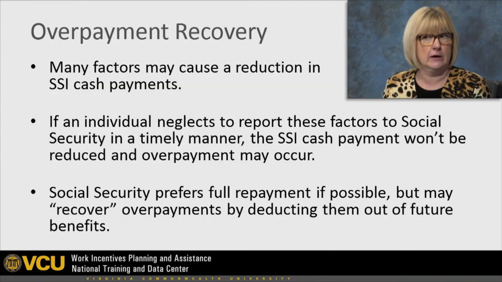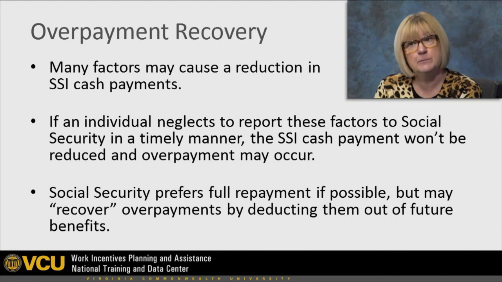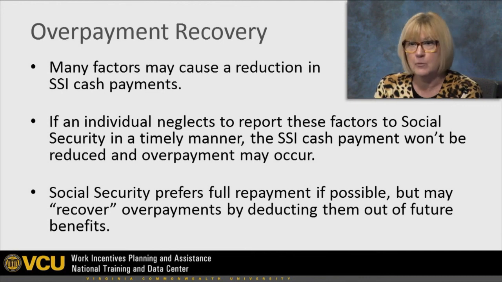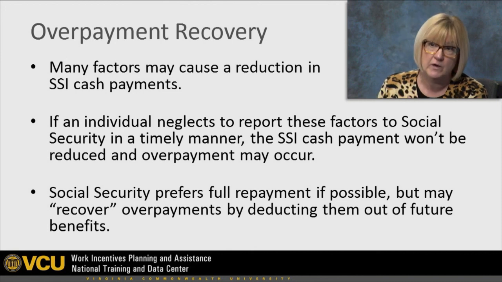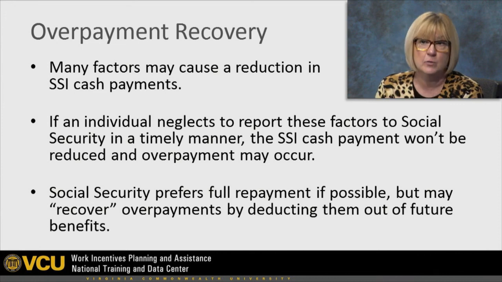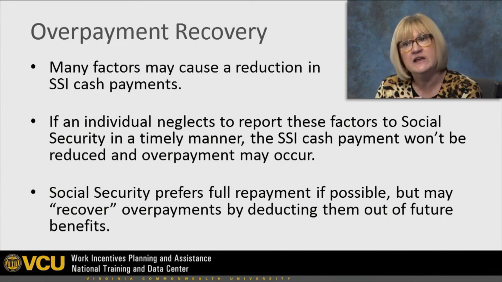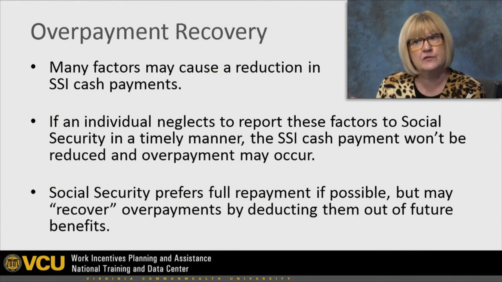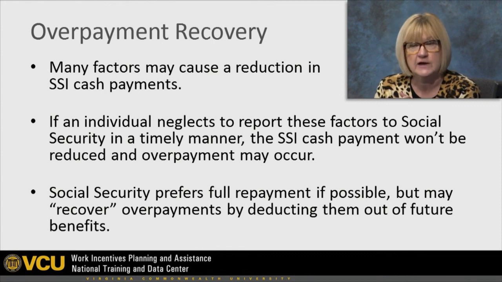So it's very clear at this point that depending on a person's situation, which can change month to month, if someone had a significant change, they got married, they moved back home with mom, they received unearned income of some sort, they got some resources, all of these things are reportable events, meaning they could affect your check, so you have to notify Social Security.